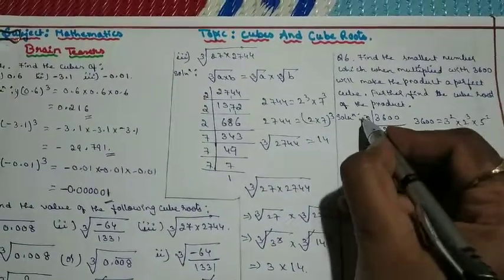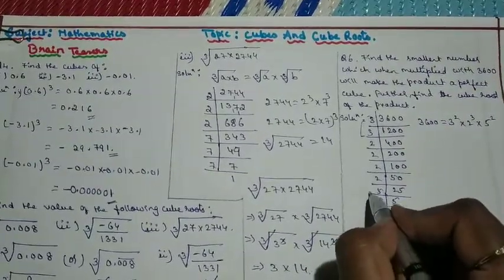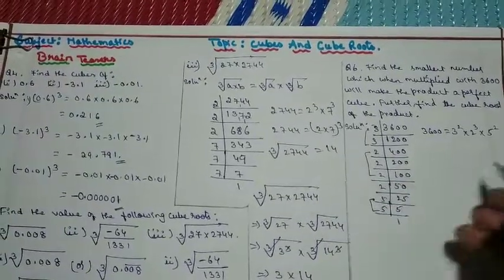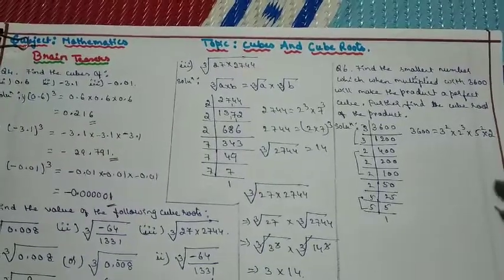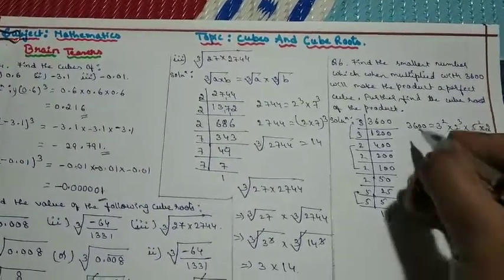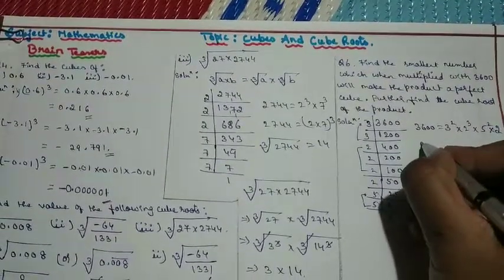You can check here. 3 is repeating only 2 times and 5 is repeating 2 times, 2 is repeating 3 times, and one more 2 we have which is not repeating 3 times. It is only repeating 1 time. So here 3 is repeating only 2 times, which means we require one more 3.